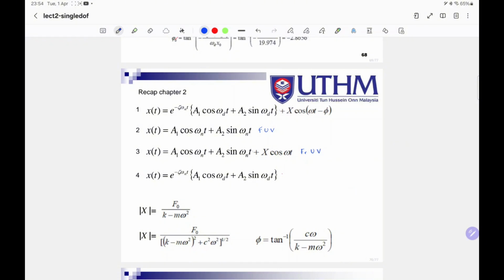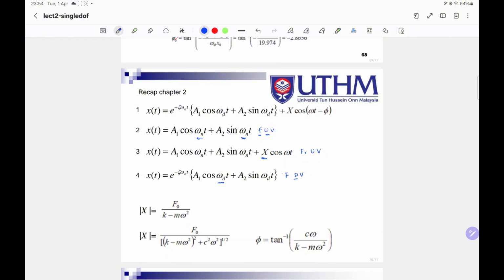The difference between these two is that free vibration doesn't have X capital, and forced vibration has X capital here. And this is for free damped vibration. The difference between damped and undamped vibration is that for damped vibration we have omega d, which corresponds to the damped frequency, and for undamped vibration we have omega n, which is the natural frequency.